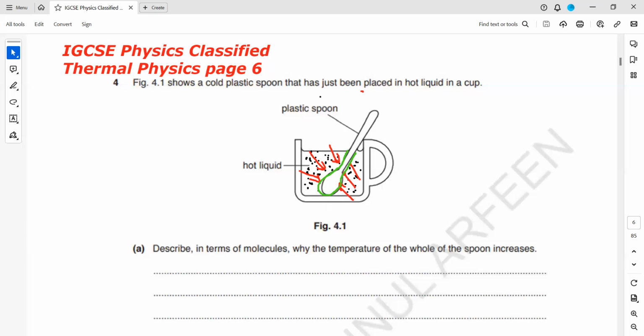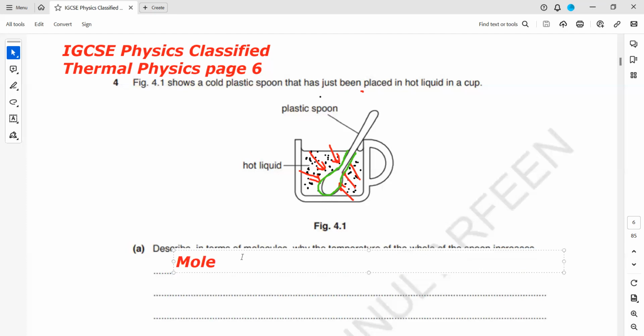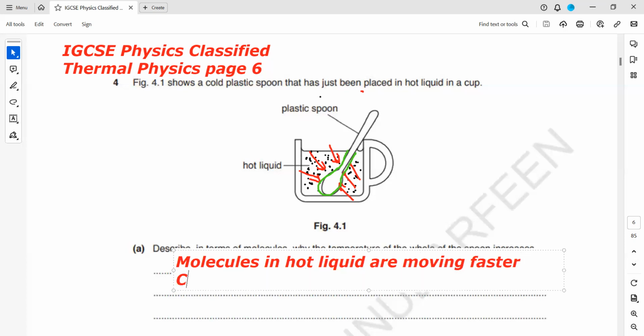So how will you score the marks? The marks distribution: first thing, molecules in the hot liquid are moving faster. As a result, they will collide with the surface of the spoon.